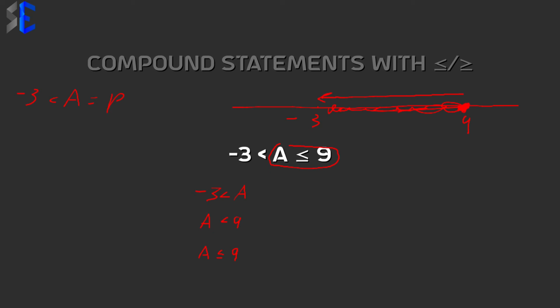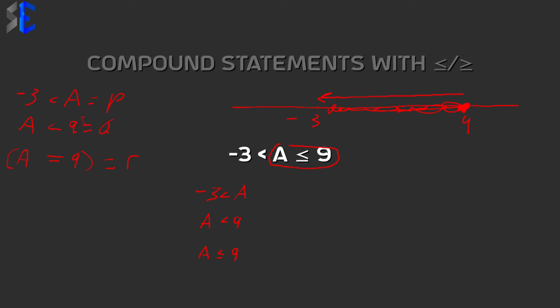You have a is less than 9, and we'll say that this is equal to q, and we have a is equal to 9, and I'll show you why in a minute. Let's put this in parentheses so you know what I'm talking about. It is equal to r.